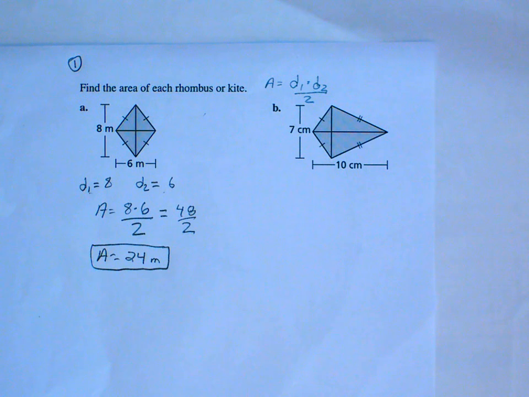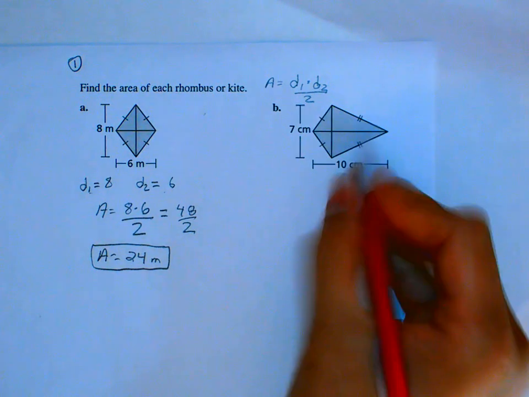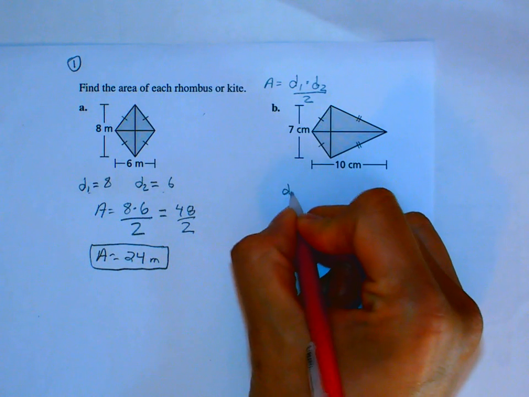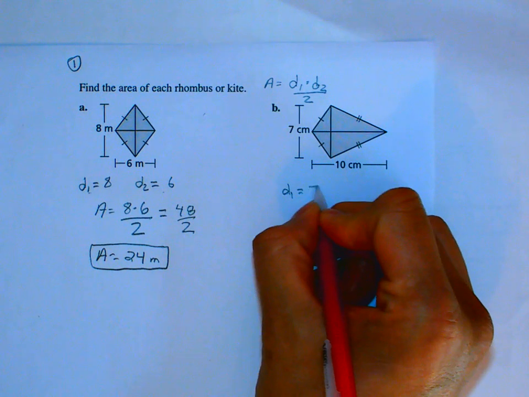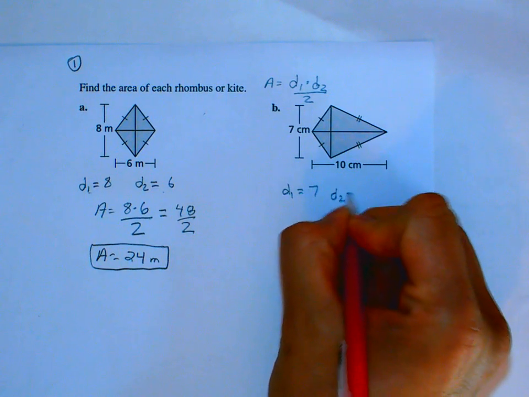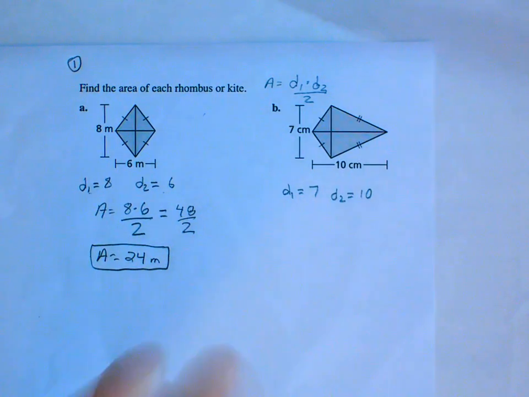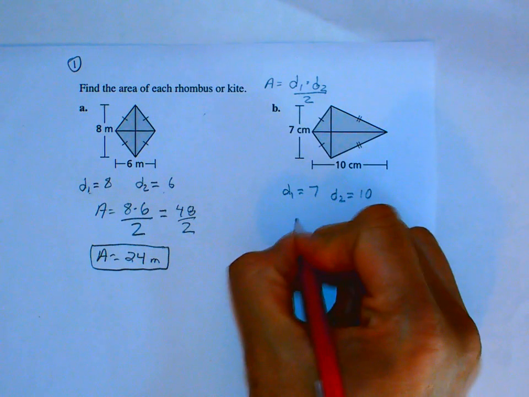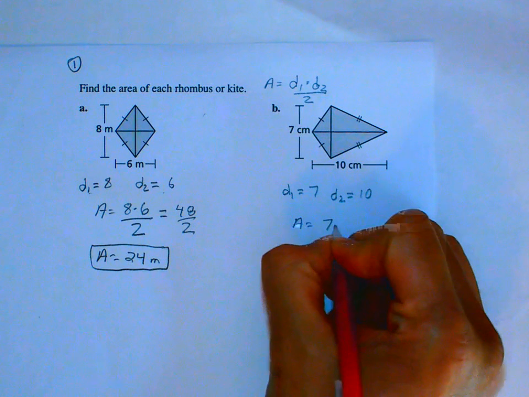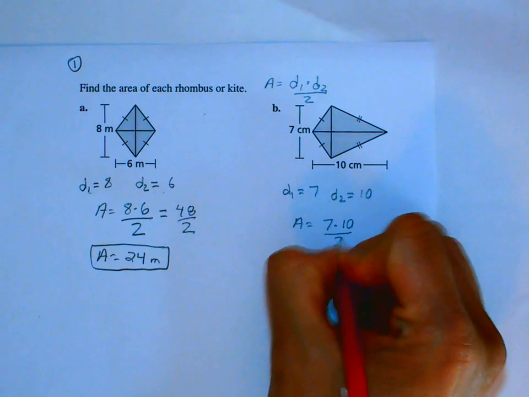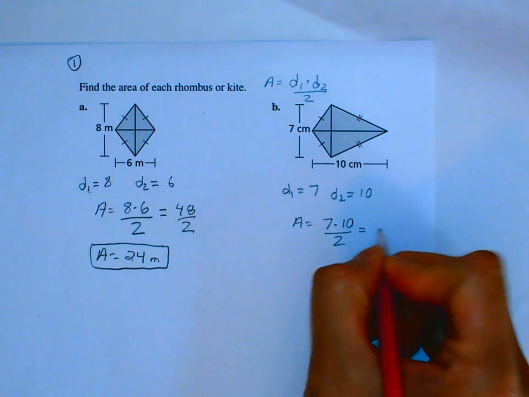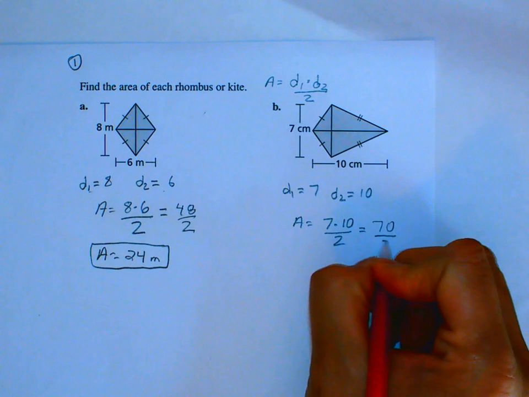For the second part of this problem, identify the diagonals. Diagonal 1 is 7, diagonal 2 is 10. If you have them switched, it's just fine. So the area is 7 times 10 divided by 2. So that's going to give me 70 divided by 2.